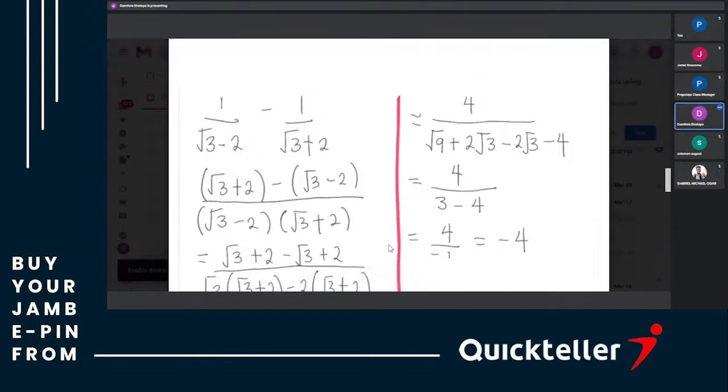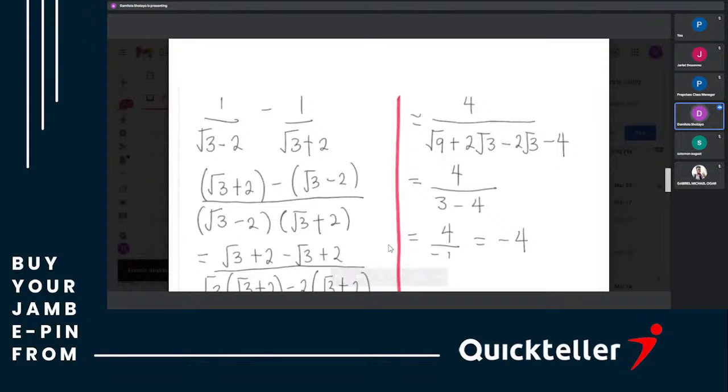Now, open the bracket. Now, why did I put a bracket here? Because the minus will affect the whole of it, not only root 3. Now let me open the bracket. I will now have root 3 plus 2 minus root 3 minus, that's plus 2.